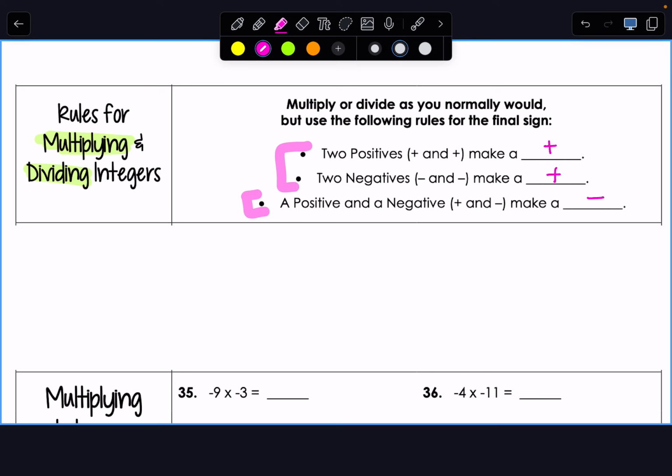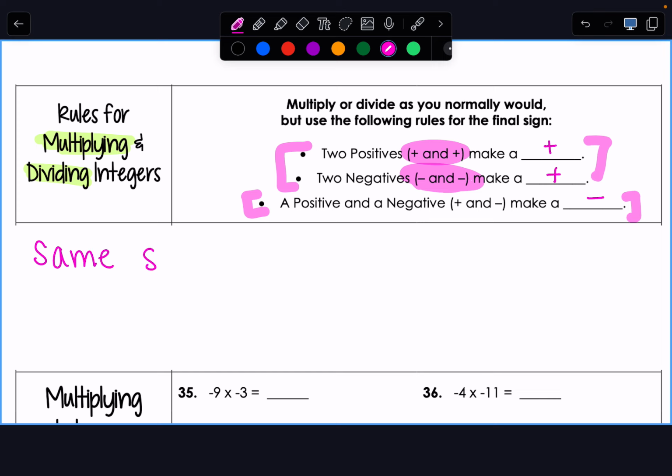What's going on in this top group? What's going on in this bottom group? What do you think, Ellie? What's true with the problems in that top group? They equal positive. Okay, so now I want you to compare those things right there. What's true about each of those? What'd you say? They both have the same symbol, okay?